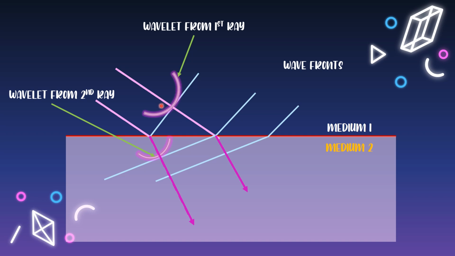The blue lines here are the wavefronts, and let's draw an orange straight broken line there to indicate the normal line so that we can identify the angle of incidence and the angle of refraction. In here, this is our angle of incidence. This is now our angle of refraction. Next, let's proceed.